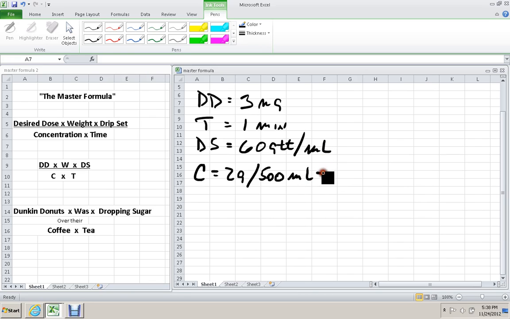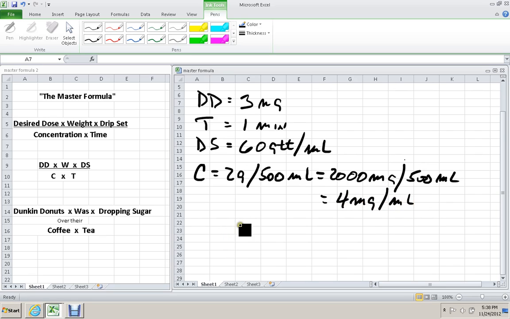And I'm going to convert that into the common unit of measure that we're using for the desired dose. So 2 grams is equal to 2,000 milligrams per 500, which is equal to 4 milligrams per mL.